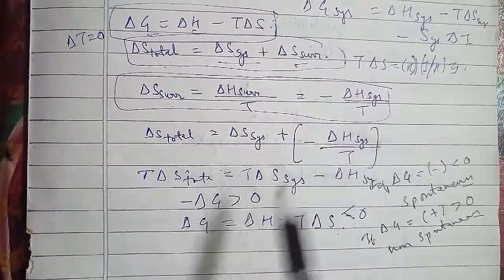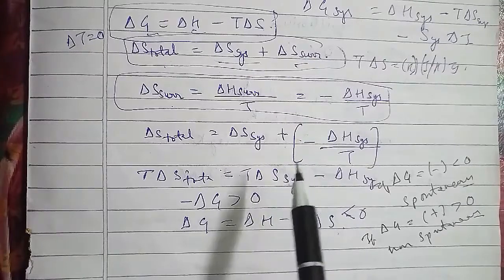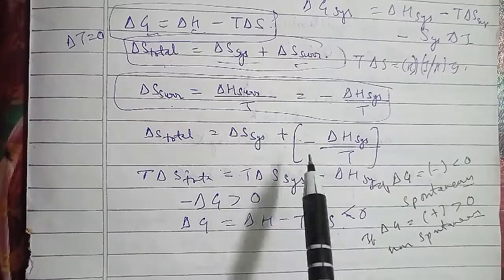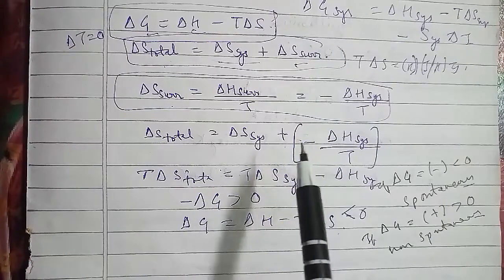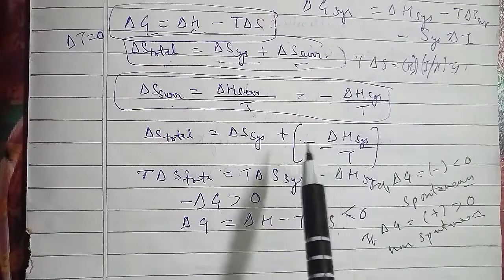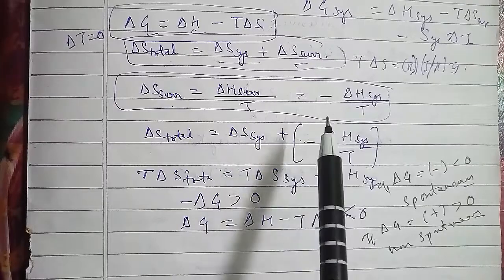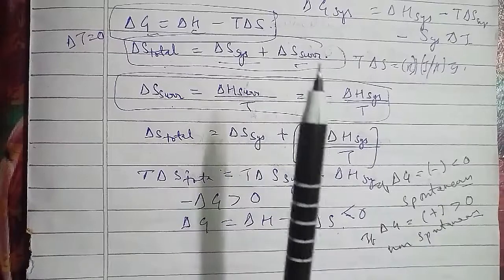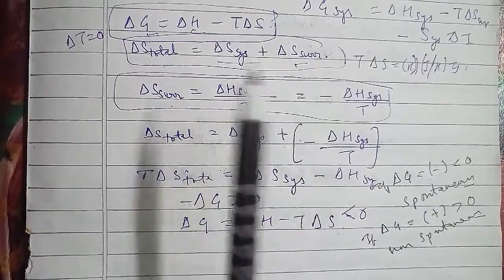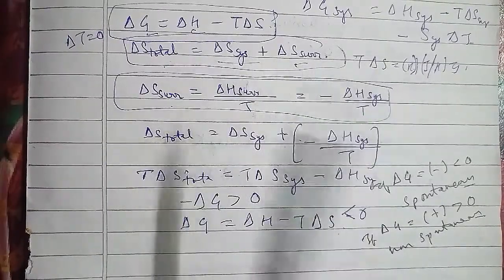If the reaction has a positive enthalpy change and a positive entropy change, it can be spontaneous when T delta S is large enough to outweigh delta H, and this happens in two ways. First, if the positive entropy change of the system is small, in which case T must be large.